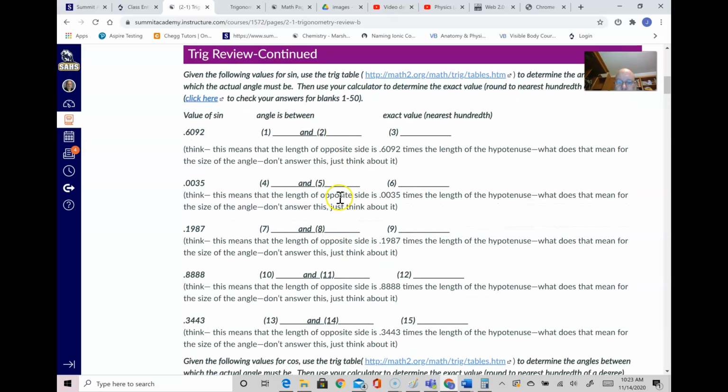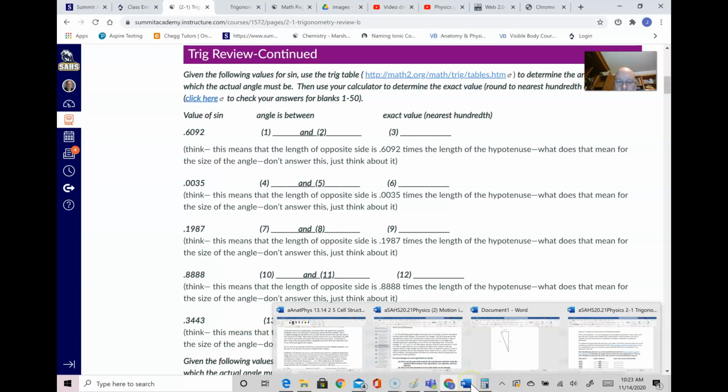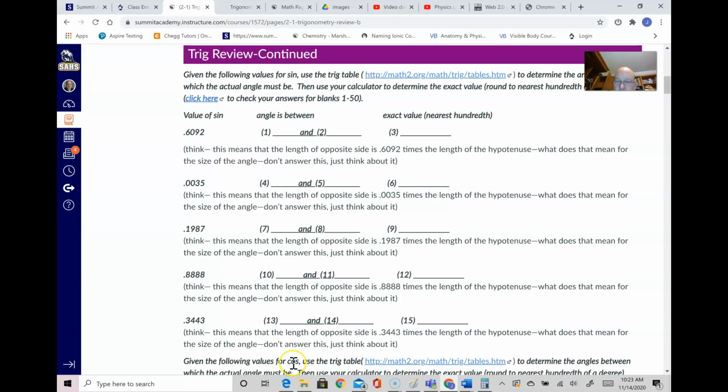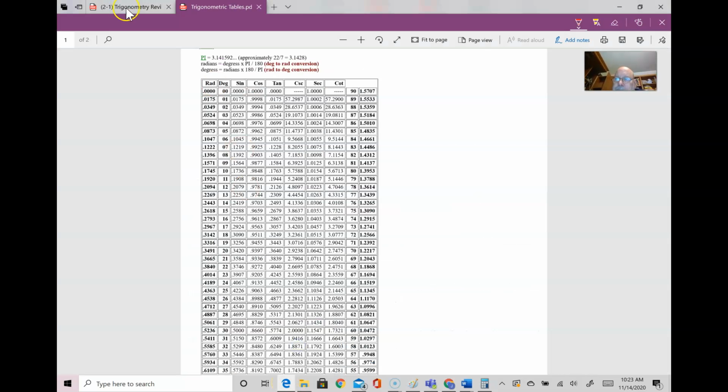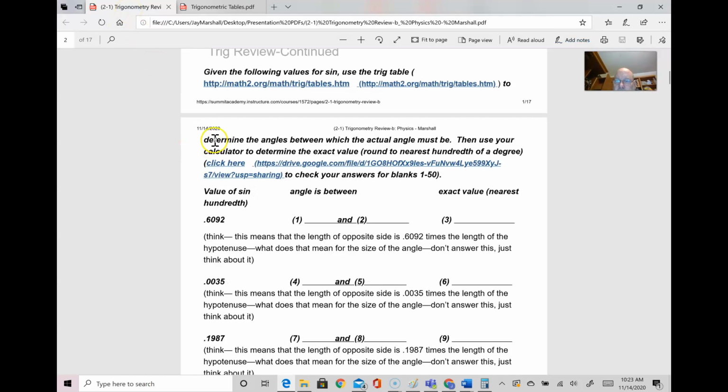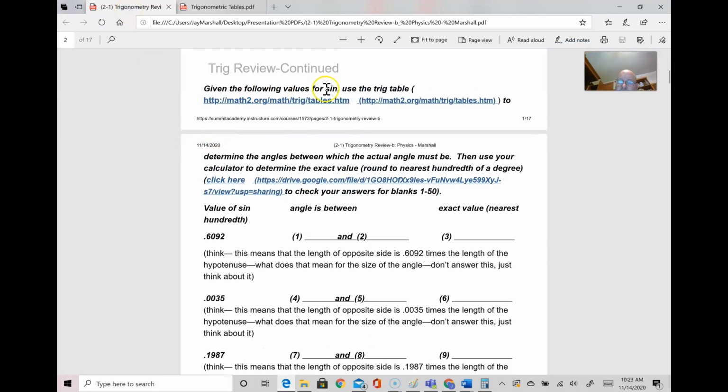So for this first part here, if you go to your worksheet, and here are the notes for that. It says, given the following values for sine, use the trig table to determine the angles between which the actual angle must be.